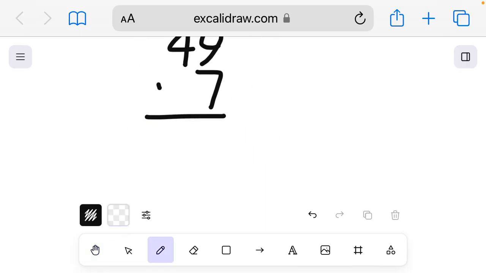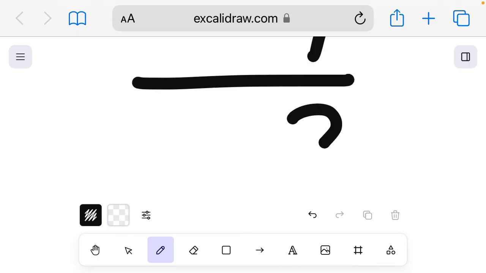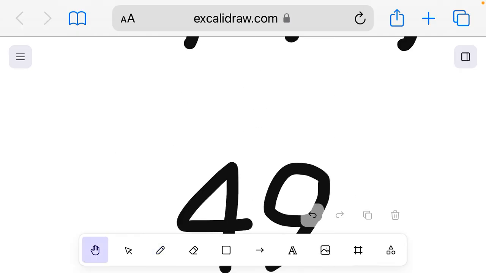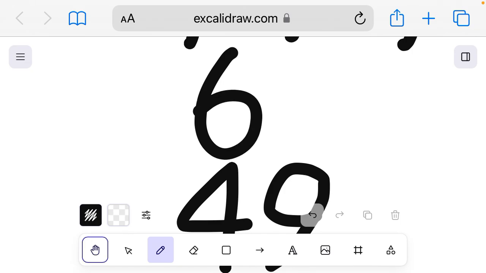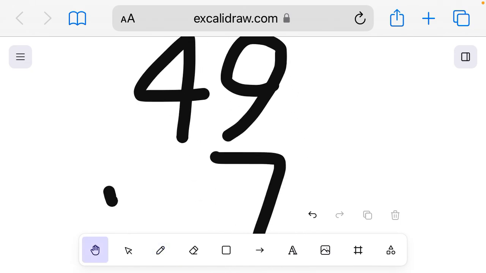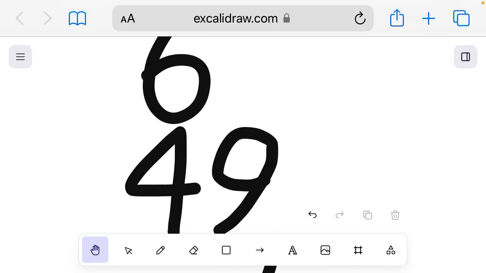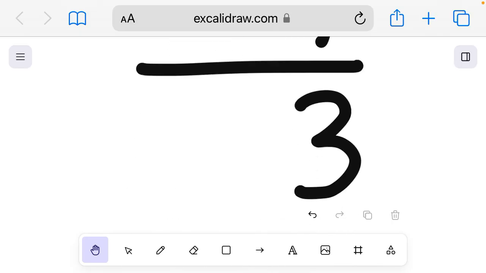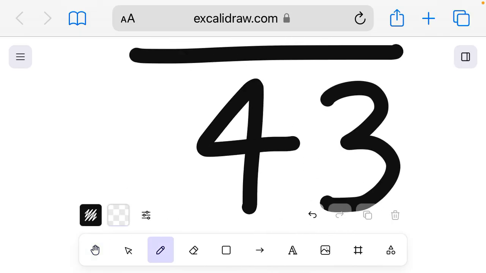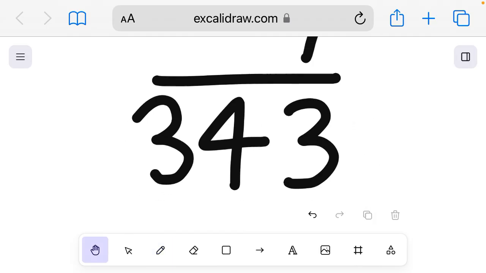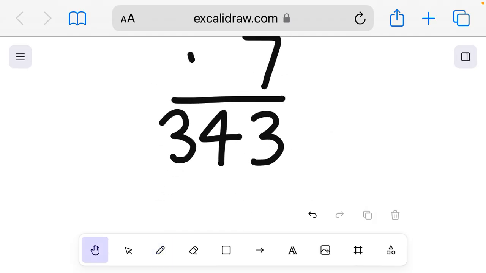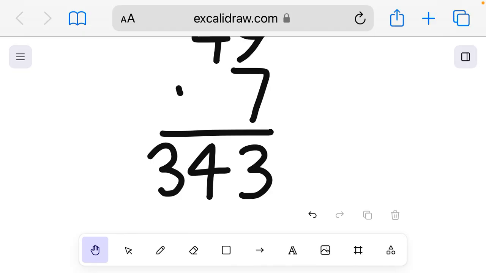We have 9 times 7, which is 63. Carry the 6. And then we have 4 times 7, which is 28, plus 6, that's 34. So the answer to the first problem is 343.